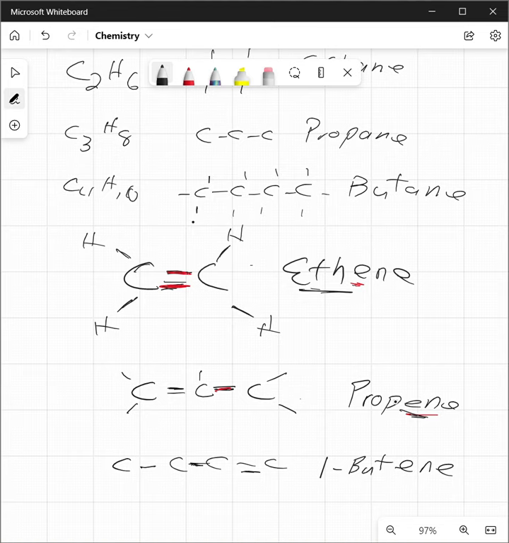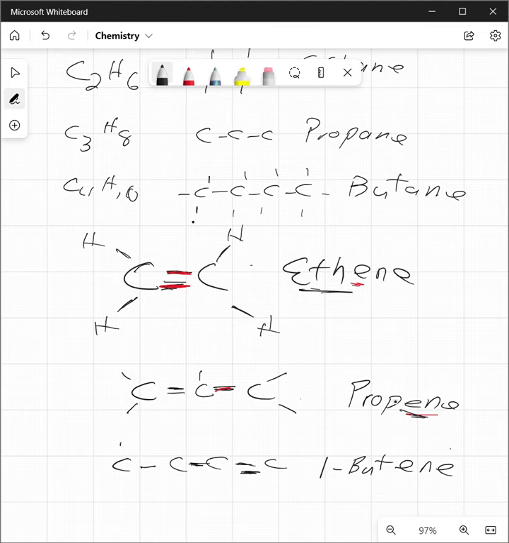The name is going to be exactly the same, butene, because you have 4 carbons with a double bond, and then the 1 specifies where that double bond is. And then, do you always start counting the carbons from right to left? Conventionally, you start counting in the direction that's going to give you the lowest number.